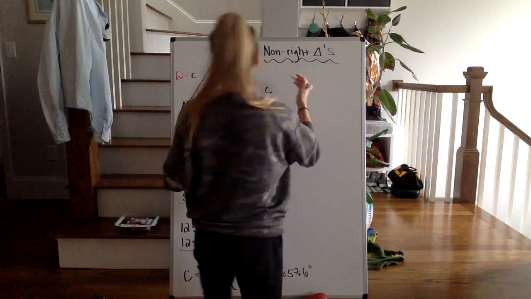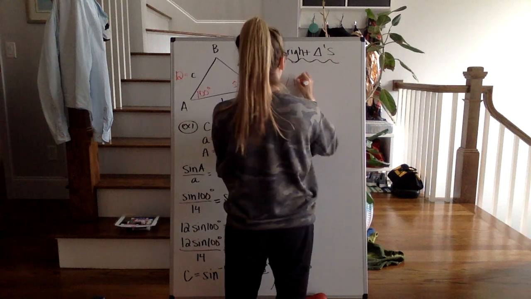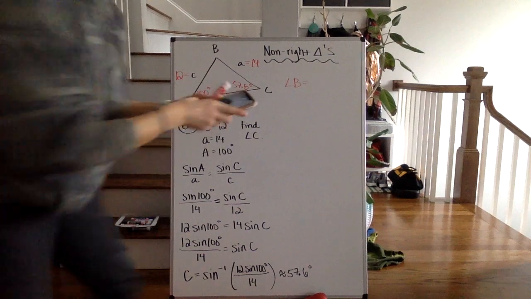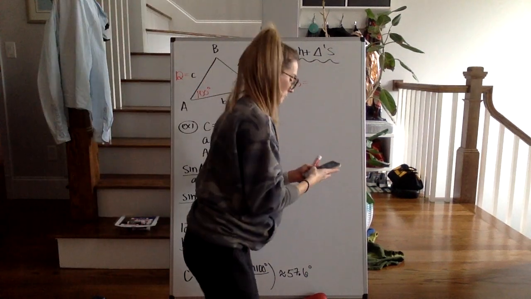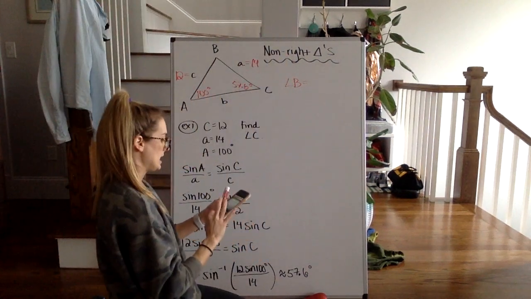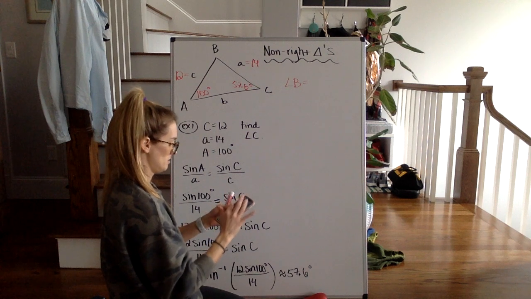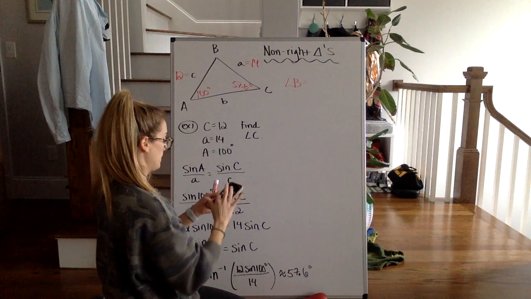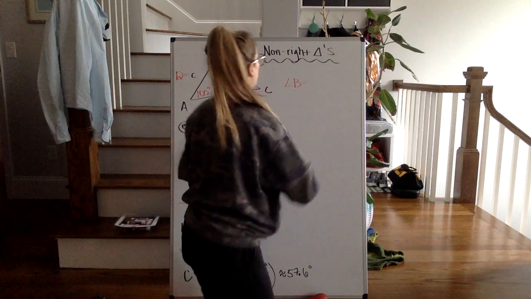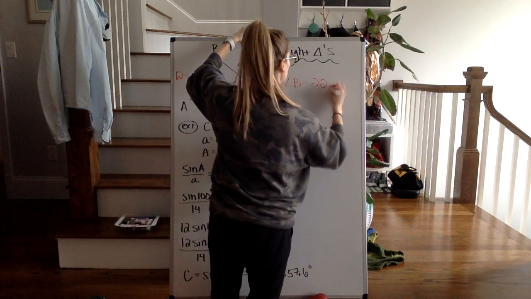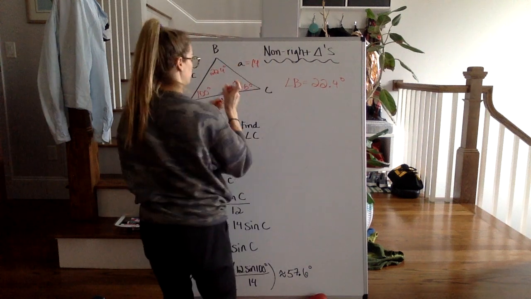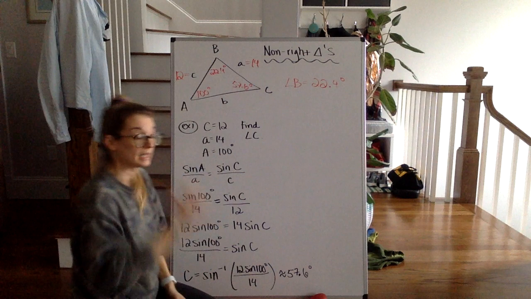Okay, so the measure of angle B would be equal to, grabbing my calculator, 180 minus 100 minus 57.6, 22.4 degrees. So nothing fancy needed there. We can get the measure of angle B.